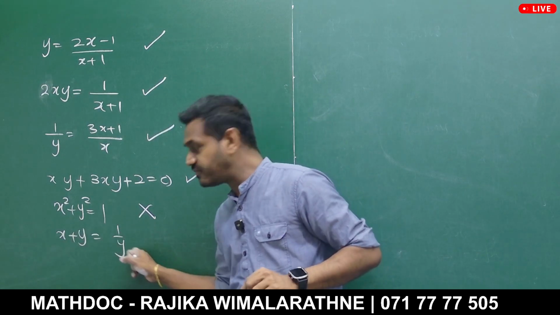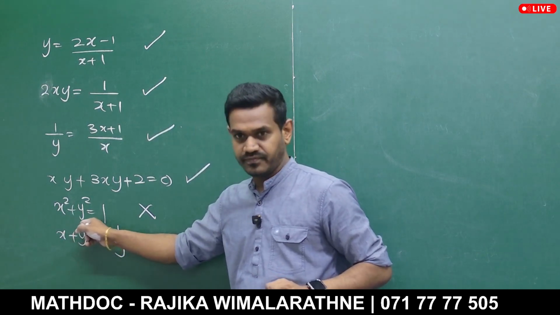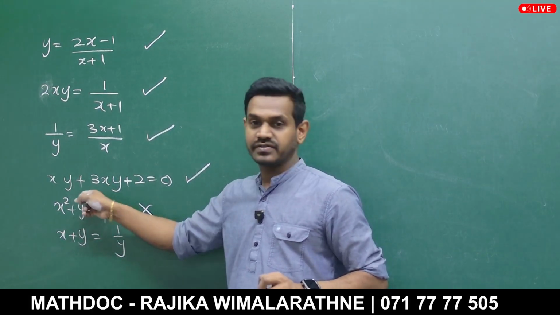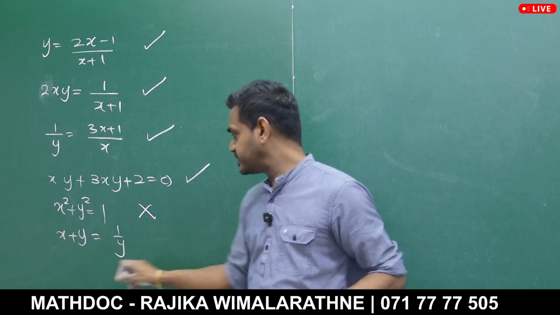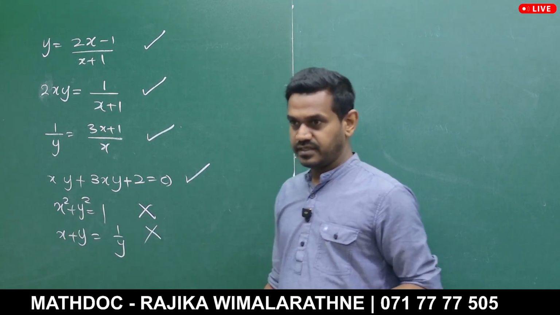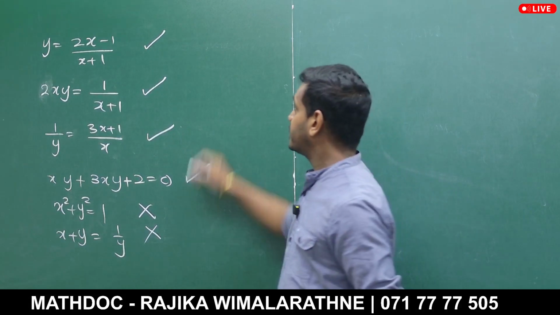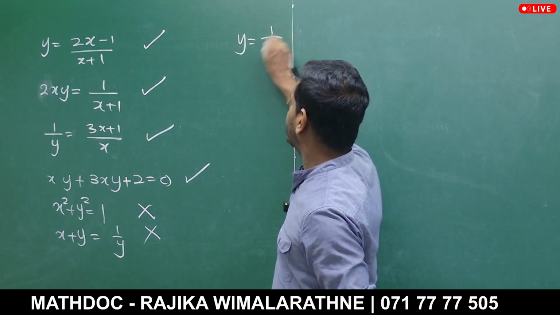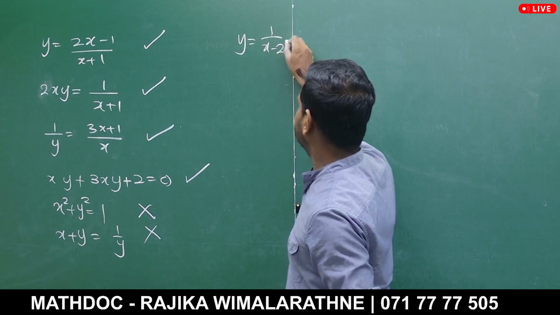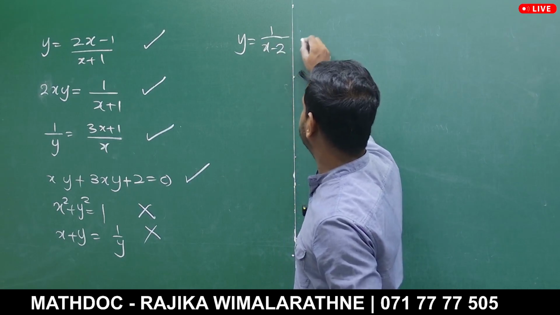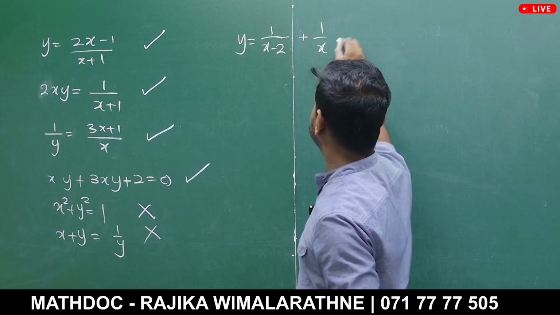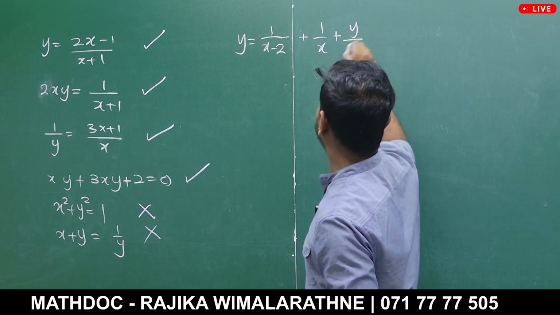After cross multiplying, we get a y squared term, no? If I get a y squared term, that is not a function. So if it is easily subjectable, then only that is a function. Then y equal 1 over x minus 2 plus 1 over x plus y divided by 3.